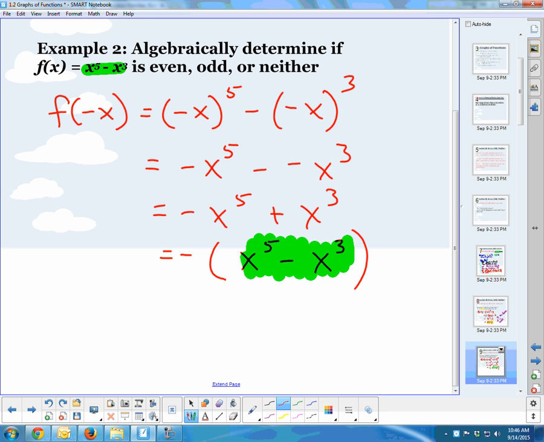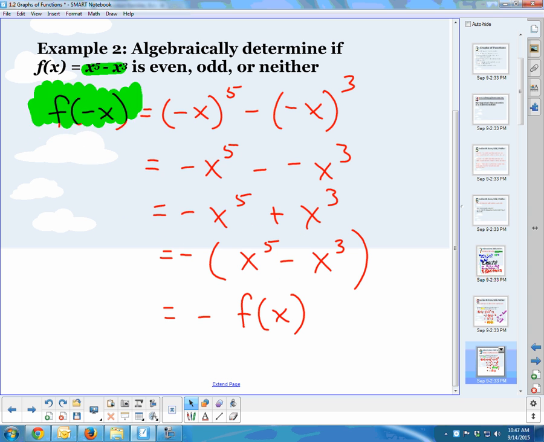So that means that my last line of work is the opposite of the original function f of x that I started with. And since I end up with that opposite, that means I started with f of negative x, did a bunch of work to it, and ended up with negative f of x.